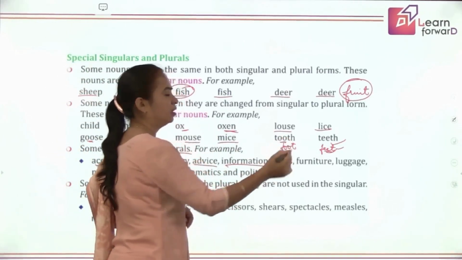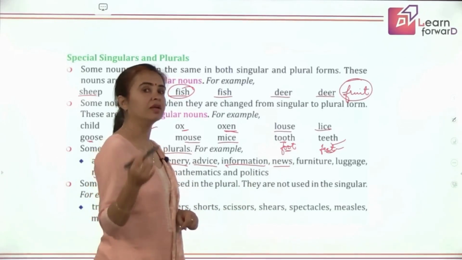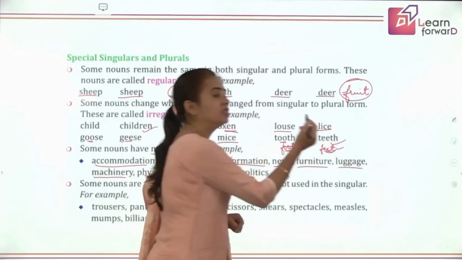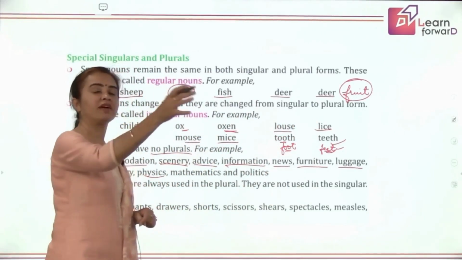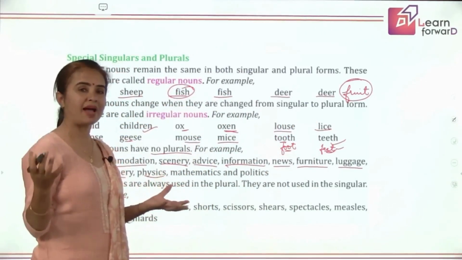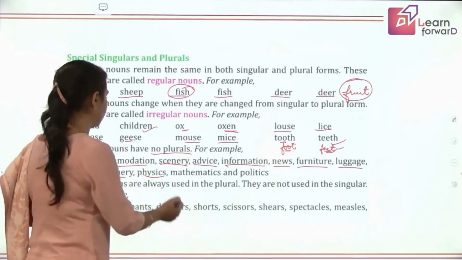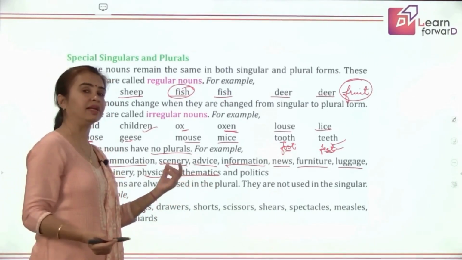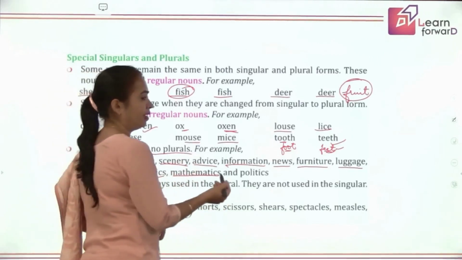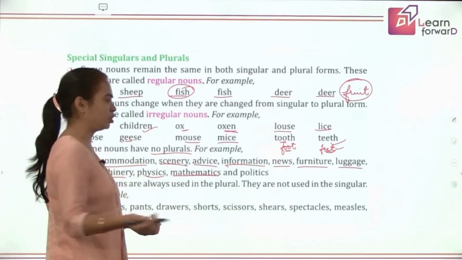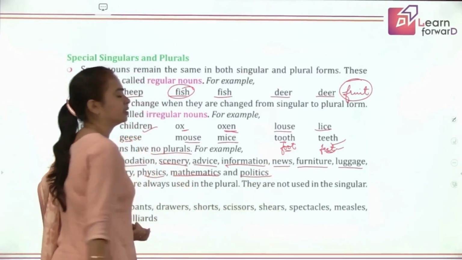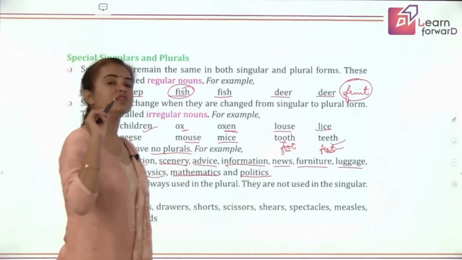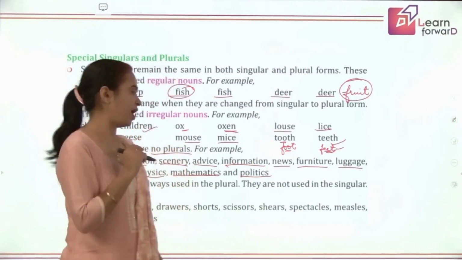You say, what's the news for today? It's not only single news. Furniture I just explained. Similarly, the luggage. In luggage, you have so many things together, so many bags. You still say the luggage is heavy. Mathematics, it sounds like S plural, but it's a subject, it is singular. Mathematics is an interesting subject. Politics is bad. So these are the words which are always used as singular, you have to remember.